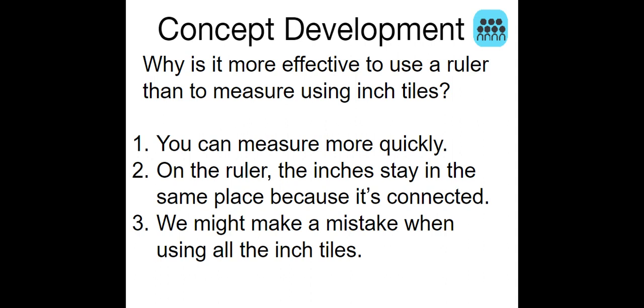On a ruler, the inches stay in the same place because they are connected to each other. They don't move around. And also, we are human. We all make mistakes. When we are using an inch tile, we're going to make more mistakes versus using a ruler that can make it more accurate.